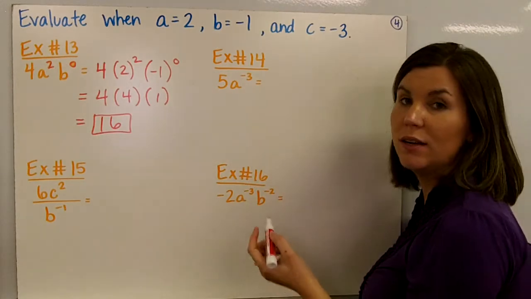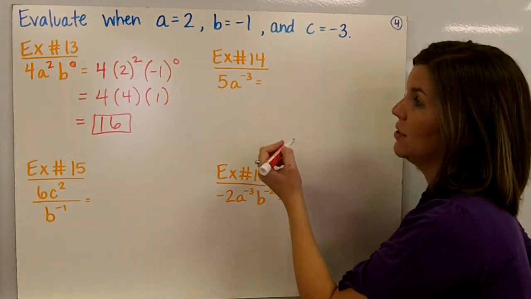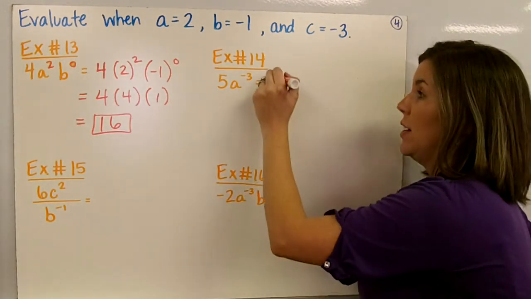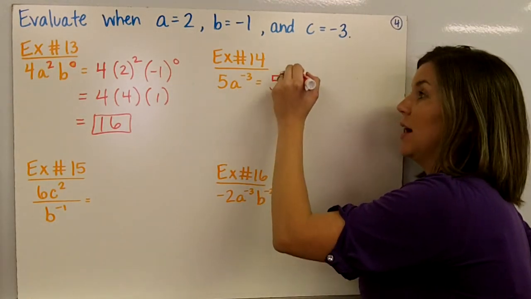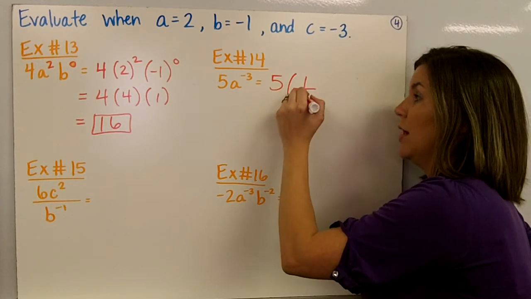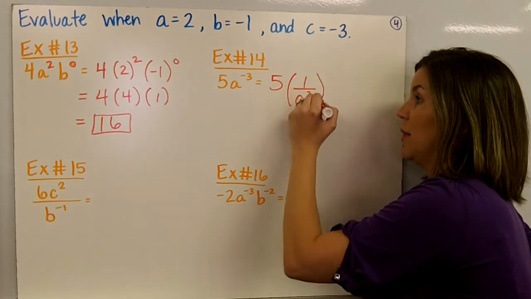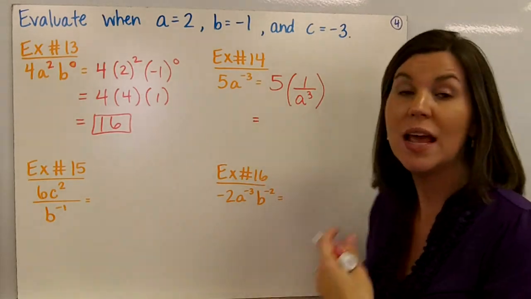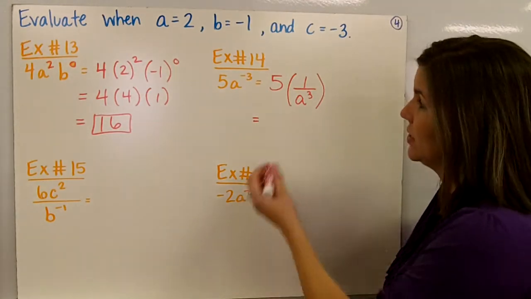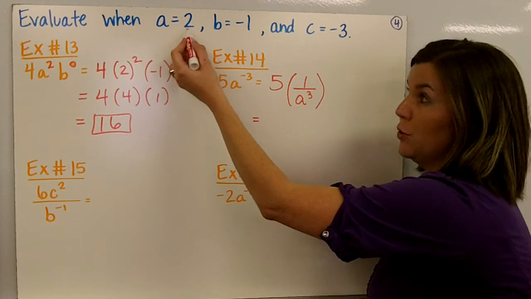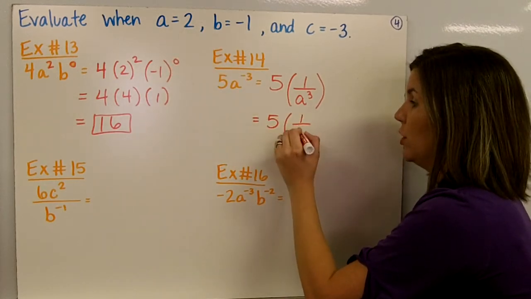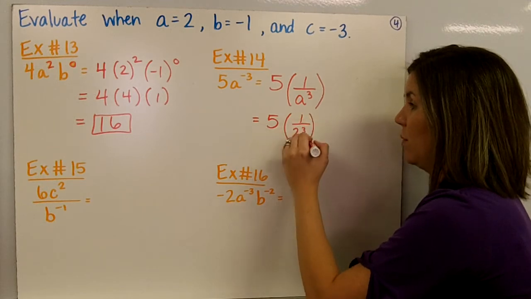Example number 14. 5 times A to the negative third power. So before we try to evaluate, let's rewrite it as 5 times 1 over A to the positive third power. So we've gotten rid of our negative exponents, and now we're going to do the evaluate process. So we're going to substitute negative 2 in place of A. So 5 times 1 over negative 2 to the third power.